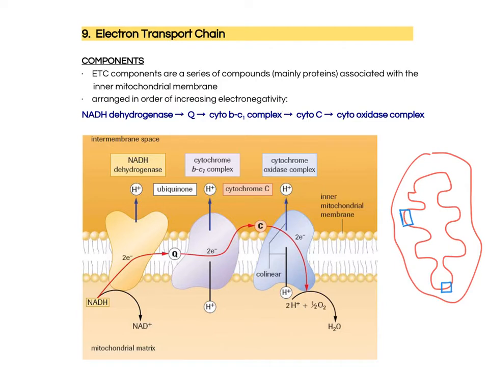You'll remember that electronegativity refers to an atom's ability to grab electrons and pull them towards itself. So it's an electron grabbing ability, if you will. These are ordered in order of increasing ability to attract electrons.